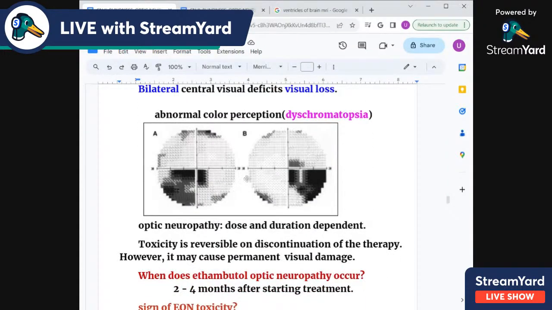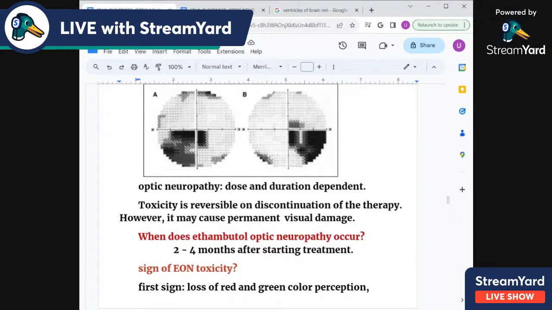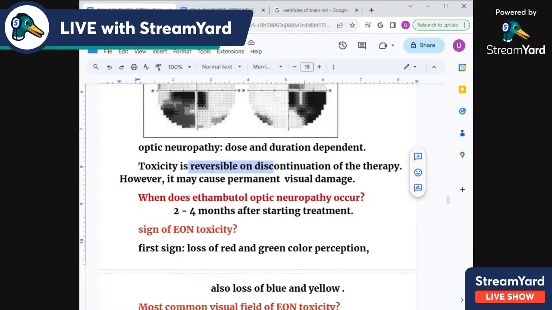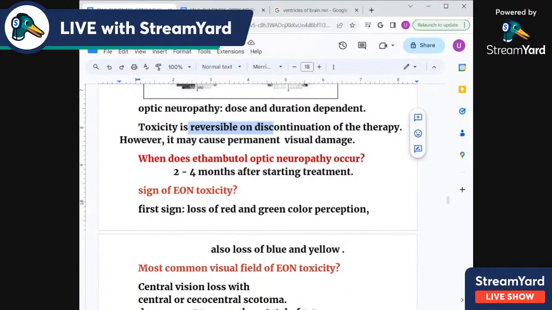They are produced because this is toxic thinning of the retinal nerve fiber layer, RNFL. The toxicity is reversible, but it may be permanent. So discontinuation of the drug should be done, and this toxicity occurs about 3 months after starting the treatment, and an eye examination is recommended every 3 months.